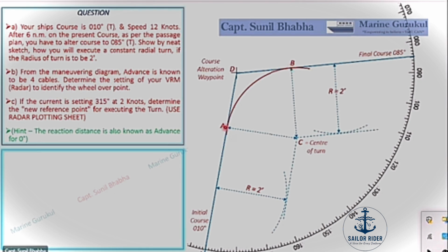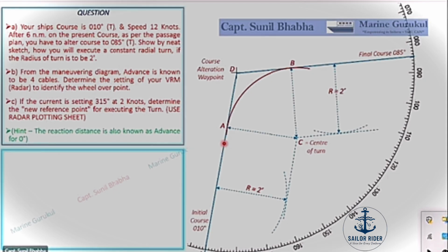Now we are aware that if the ship has to move on this curved path and the alteration or the curved path has to start from point A, the rudder order has to be given or the wheel has to be put over slightly before this point. The reason for that is that whenever a helm order is given, the vessel takes some reaction time and it travels some reaction distance before which it starts to alter its course.